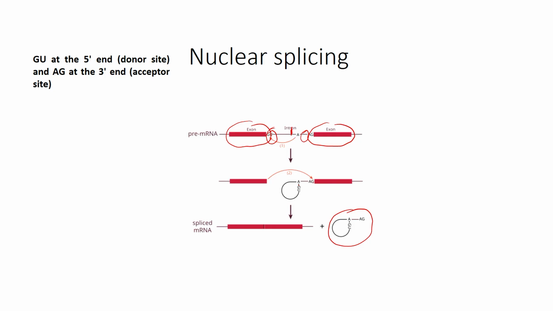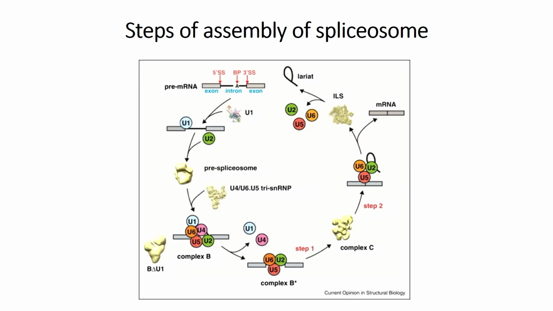So, how precisely are these things happening? In nuclear splicing, there are several factors that guide this. They make a structure called the spliceosome. You can see here that this is the pre-mRNA, or hnRNA, heterogeneous nuclear RNA. This is exon, this is intron, and this is the middle portion.